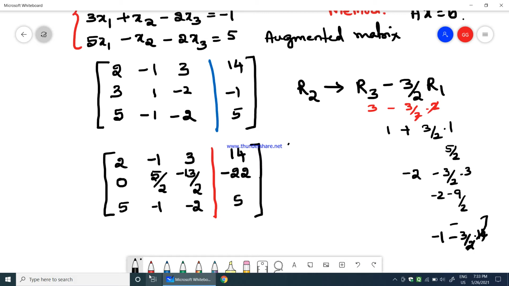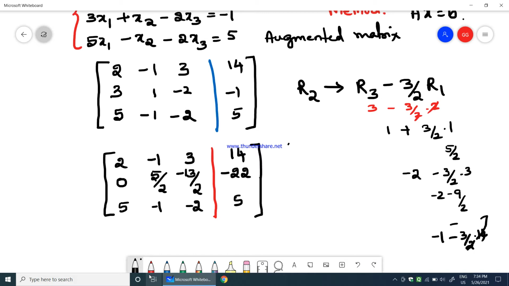Second: 1 minus of minus, plus 3 by 2 into 1, which is 1 plus 3 by 2; taking the LCM, 2 plus 3 is 5 by 2. Third: minus 2 minus 3 by 2 into 3, which is minus 2 minus 9 by 2, so minus 4 minus 9, minus 13 by 2. On the right-hand side, minus 1 minus 3 by 2 into 14: 2 7s are 14, 7 into 3 is 21, so minus 1 minus 21 is minus 22.